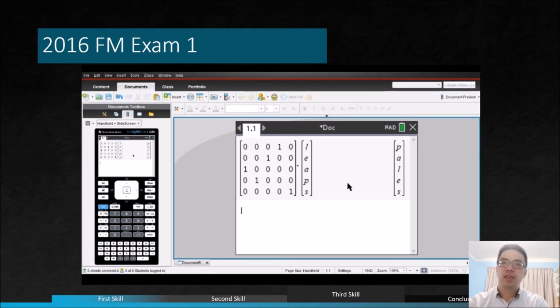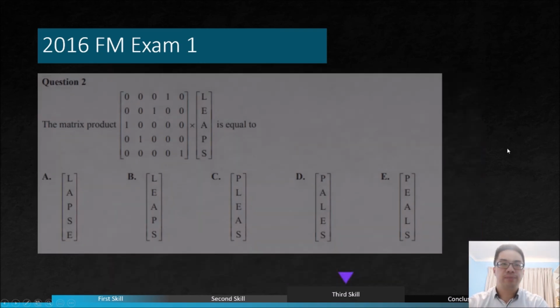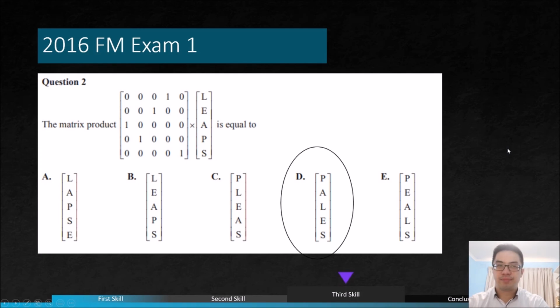So as you can see, all you have to do is enter all of that into a CAS calculator and it'll spit out an answer. The answer is pails. So the answer was D, pails.